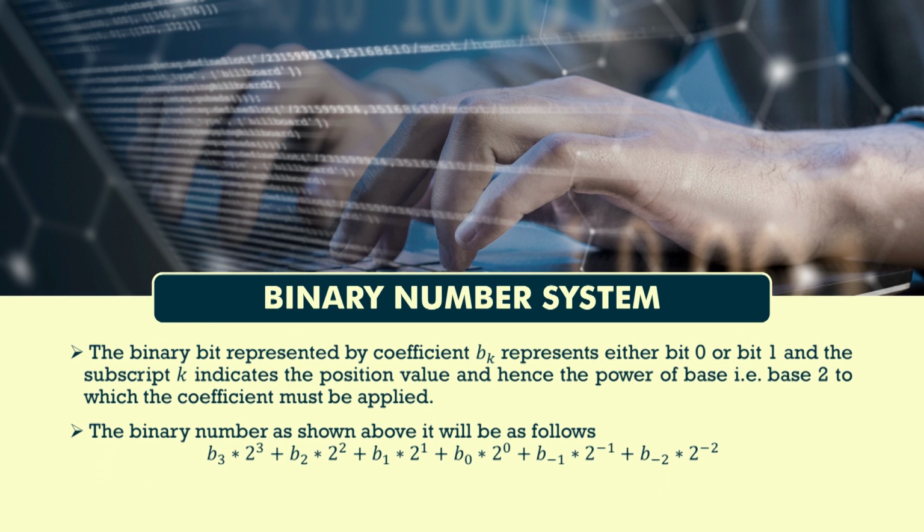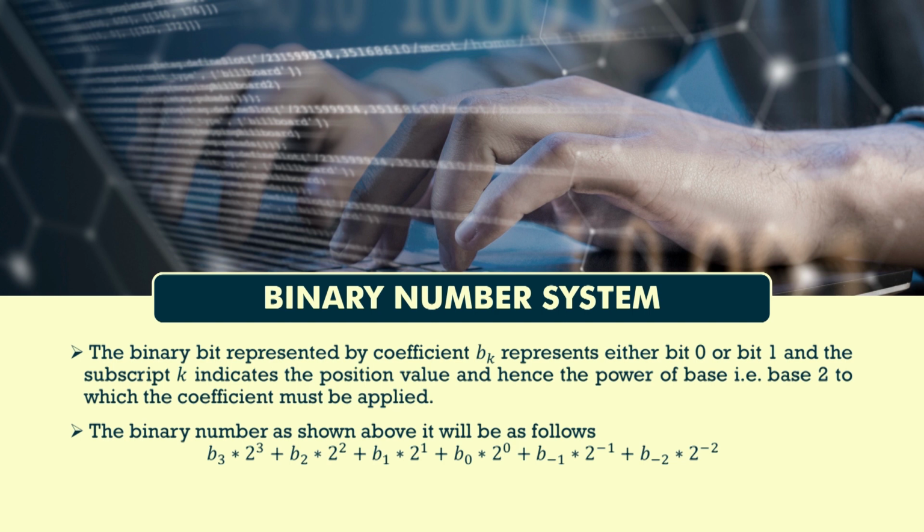We can say that B3 into the position of that binary bit, that is 2 raised to 3, plus B2 into 2 raised to 2, plus B1 into 2 raised to 1, plus B0 into 2 raised to 0, and that is the integer part of the binary number system.